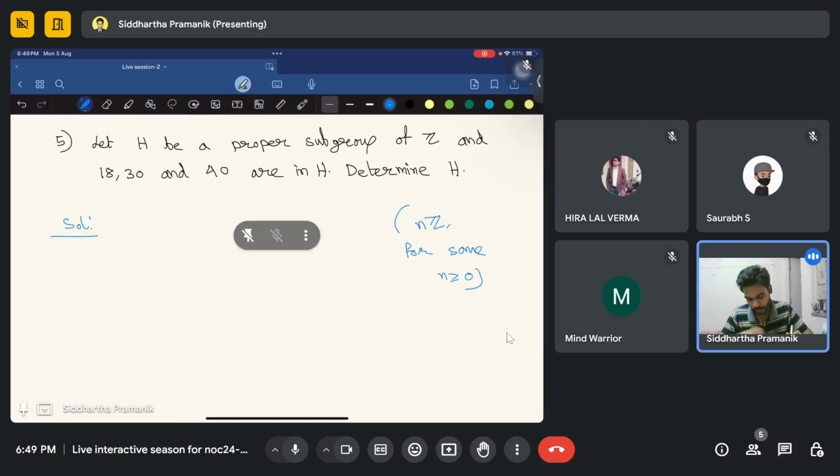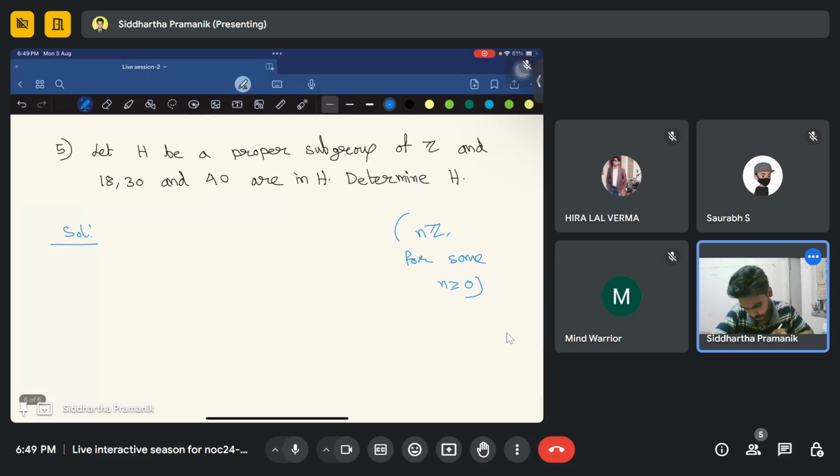So how to do this? Let me write down a quick justification. You can see 18 belongs to H, right?